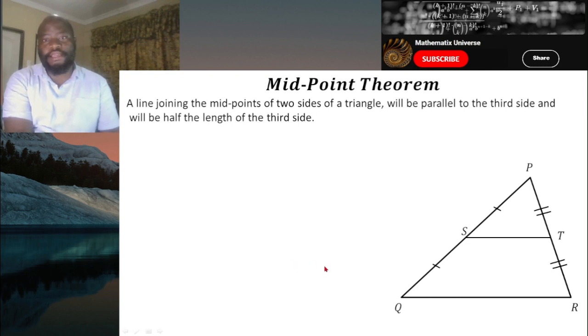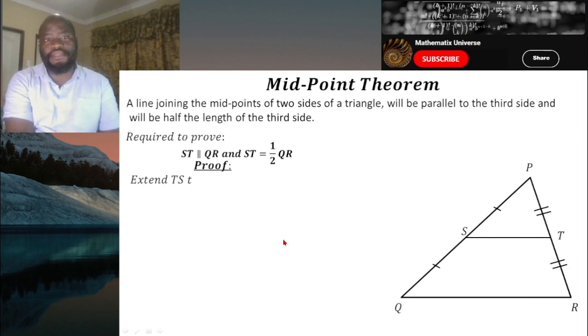this is the diagram given information, and this is what we are required to prove. We are required to prove that this length here is parallel to this one, and it is also half of QR. So the proof goes like this.